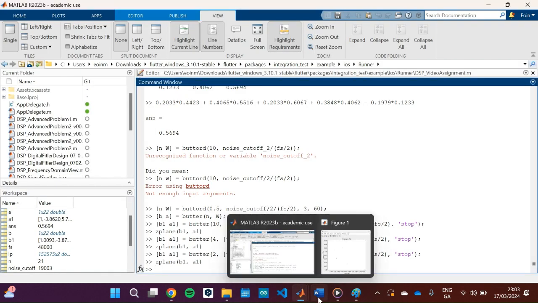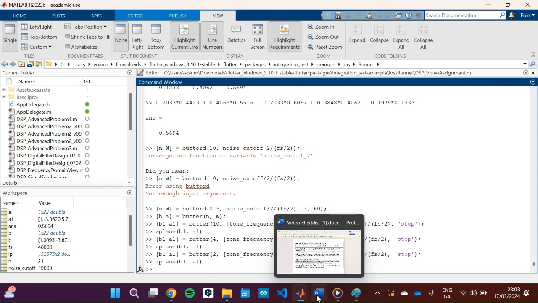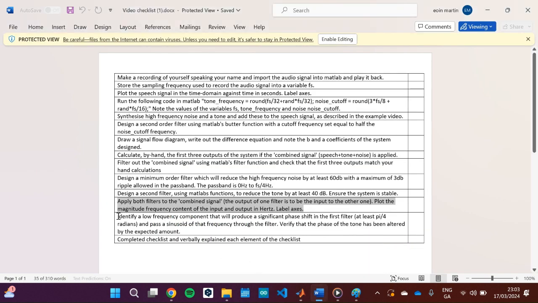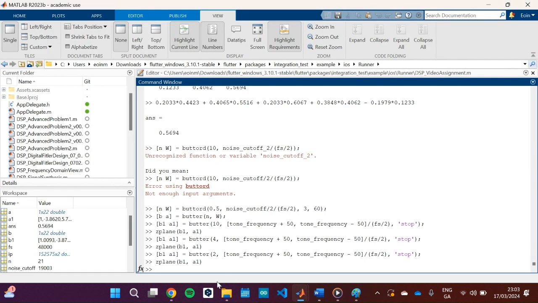Harry David back again now onto MATLAB. So I've done part 11. Now I'm applying both filters to the combined signal. The output of one filter will be the input of the next filter, and plot the magnitude frequency content of the input and output in hertz and label the axes.